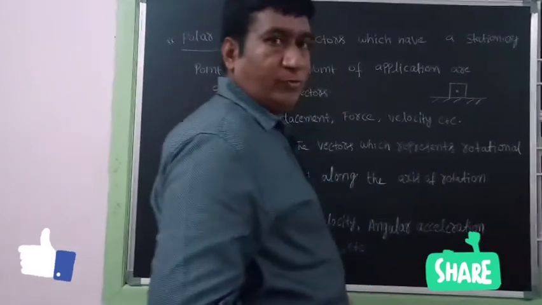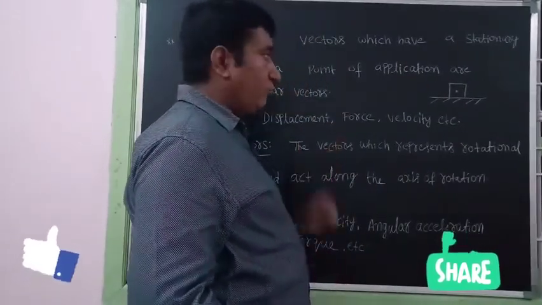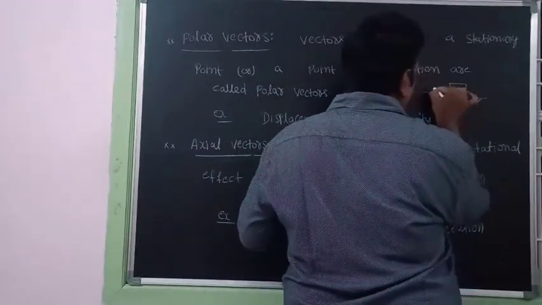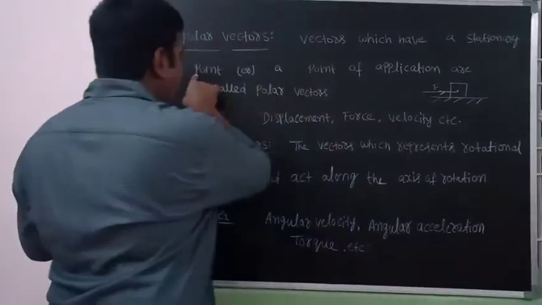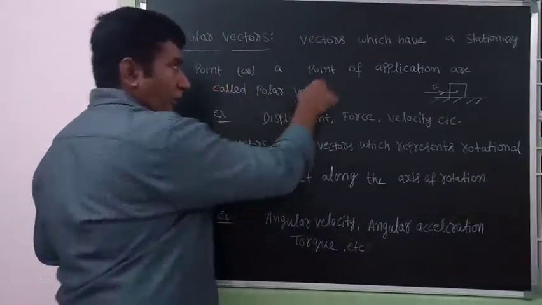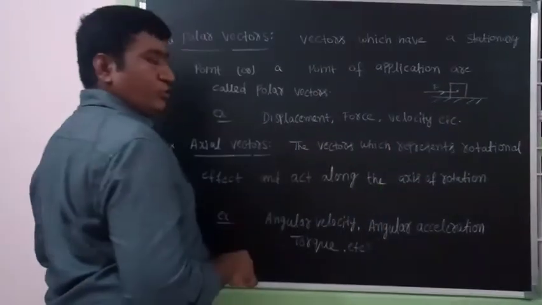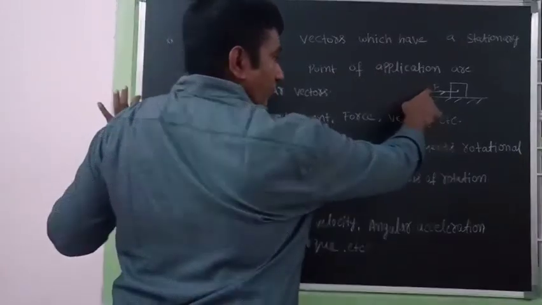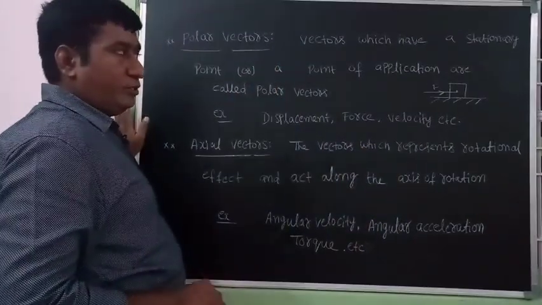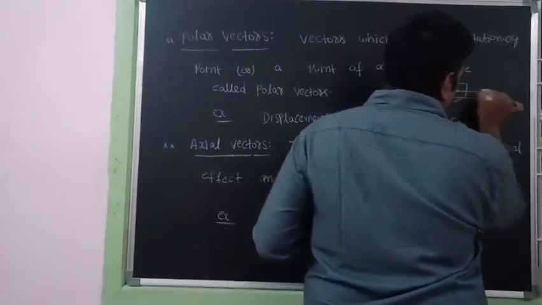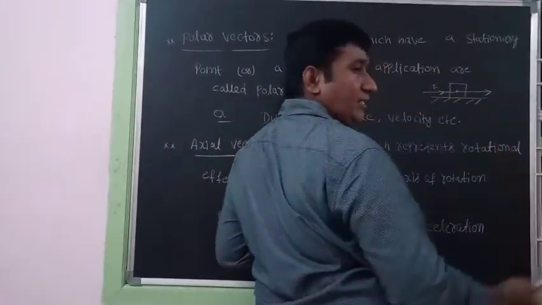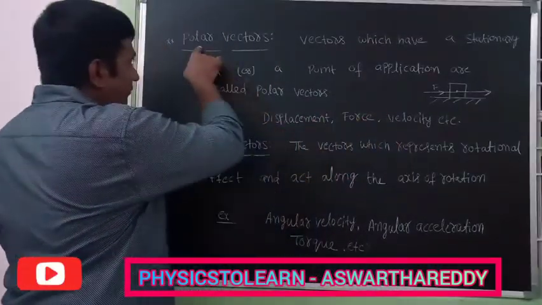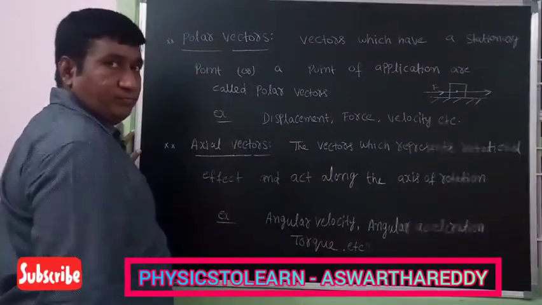If it is stationary, in order to move it we have to apply some force at a point, the point where I am applying the force. In this case, the physical quantity does not change. This object moves in a particular direction. Velocity, displacement, force, etc. come under polar vectors.